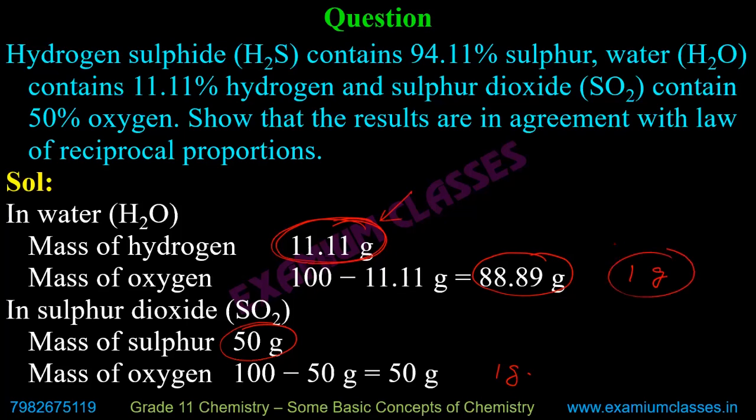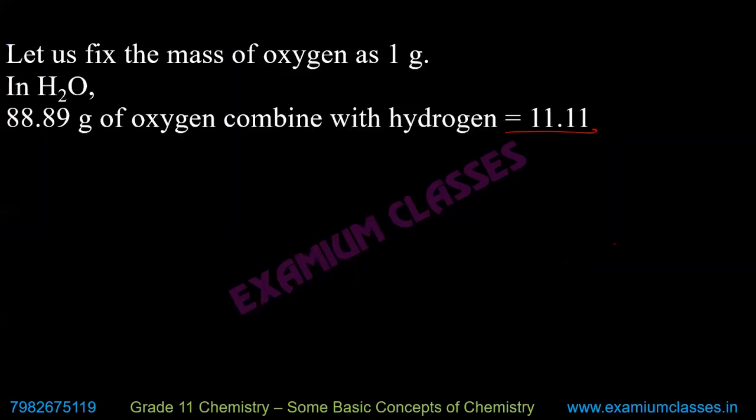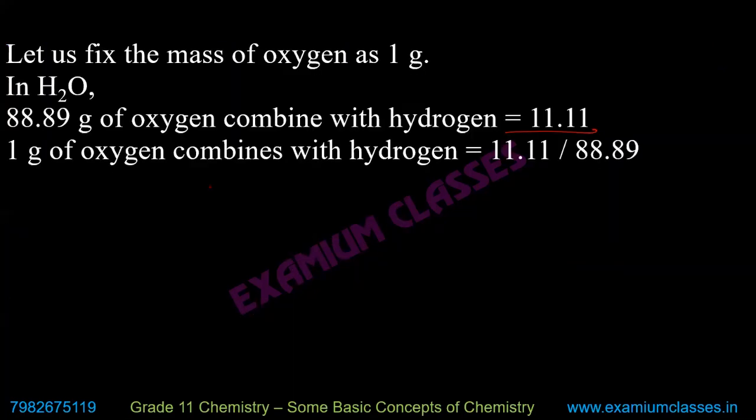Hence, 1 gram will combine with how much? So 1 gram of oxygen will combine with 11.11 divided by 88.89 grams of hydrogen, that is 0.125 gram of hydrogen. 1 gram of oxygen in water combines with 0.125 gram of hydrogen.